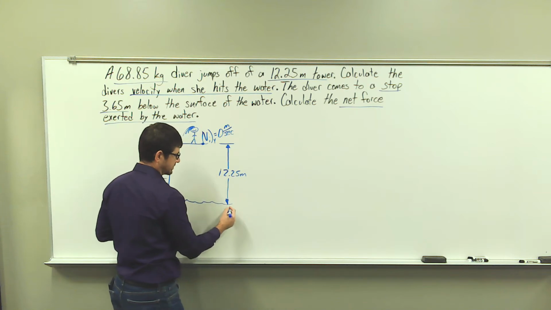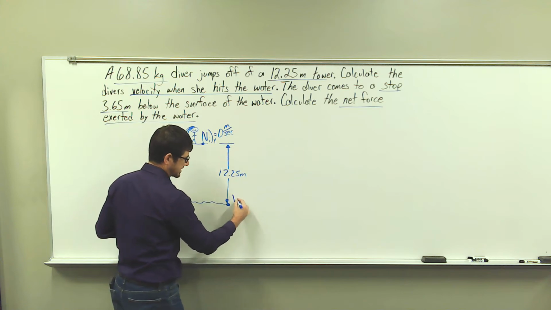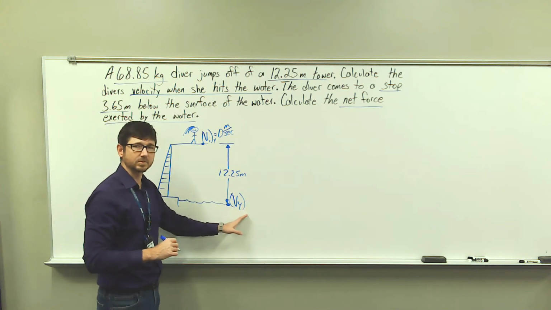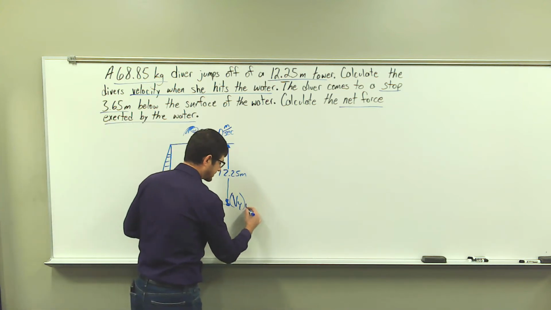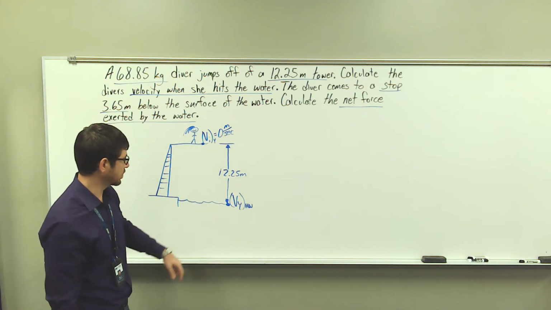So what we want to do is first calculate the velocity in the y direction when she hits the water. And I'm going to use a subscript of HW to indicate her velocity when she hits the water.